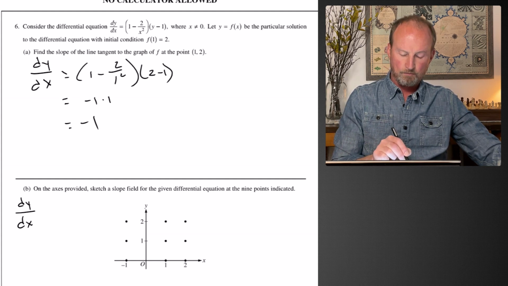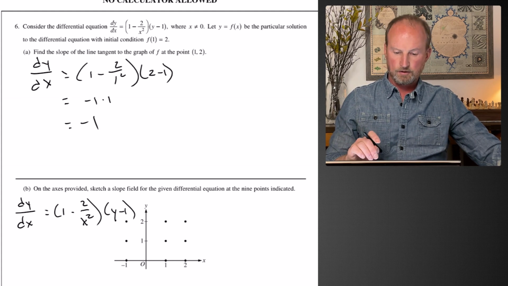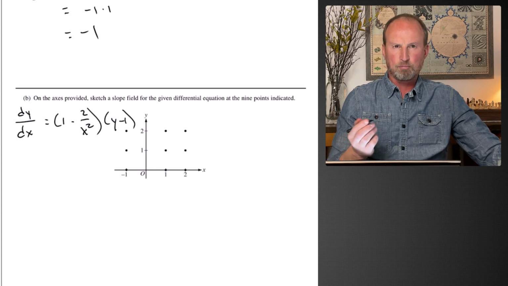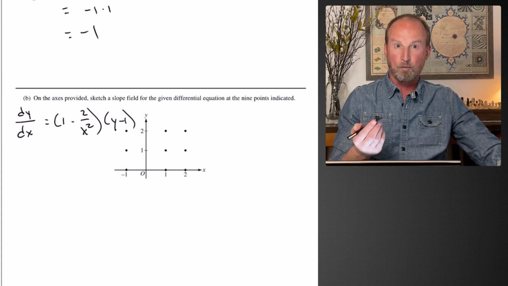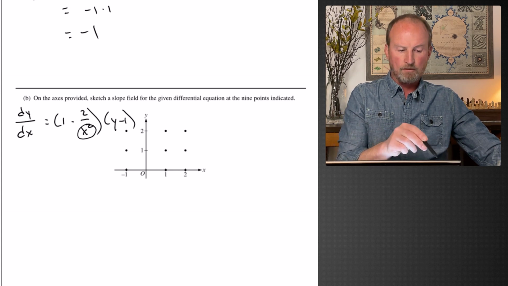This one's okay. dy/dx, I got to rewrite it because we got a lot of calculations we're getting ready to do. Slope field. Let's draw a slope field. I kind of like to just pick a value for x and then run them, or pick a value for y and run them. I'm going to go with x. I'm going to start with x equals -1. This expression here is +1, right?